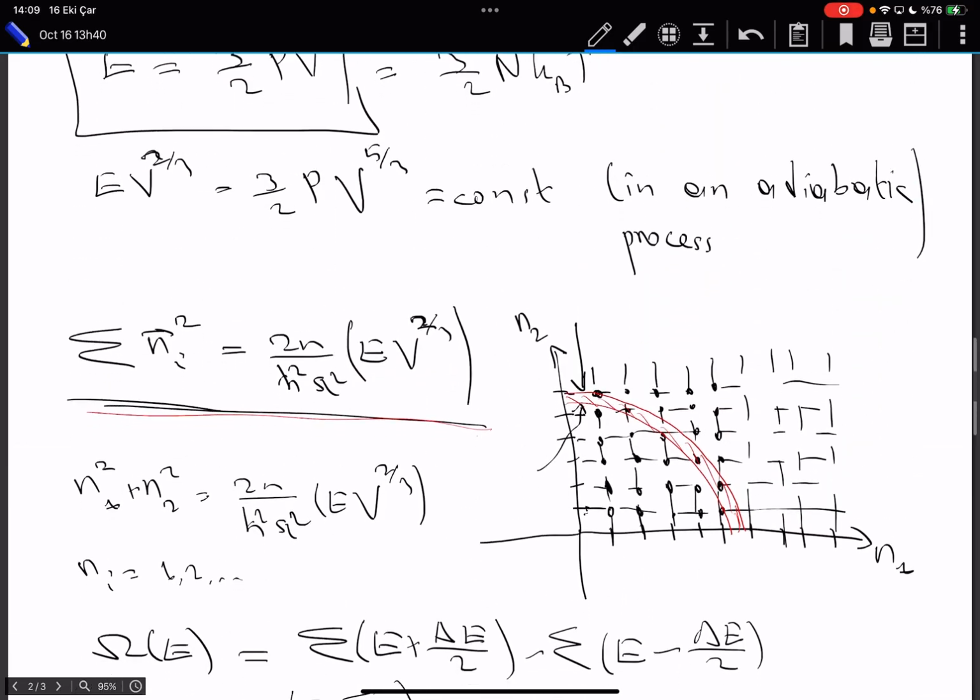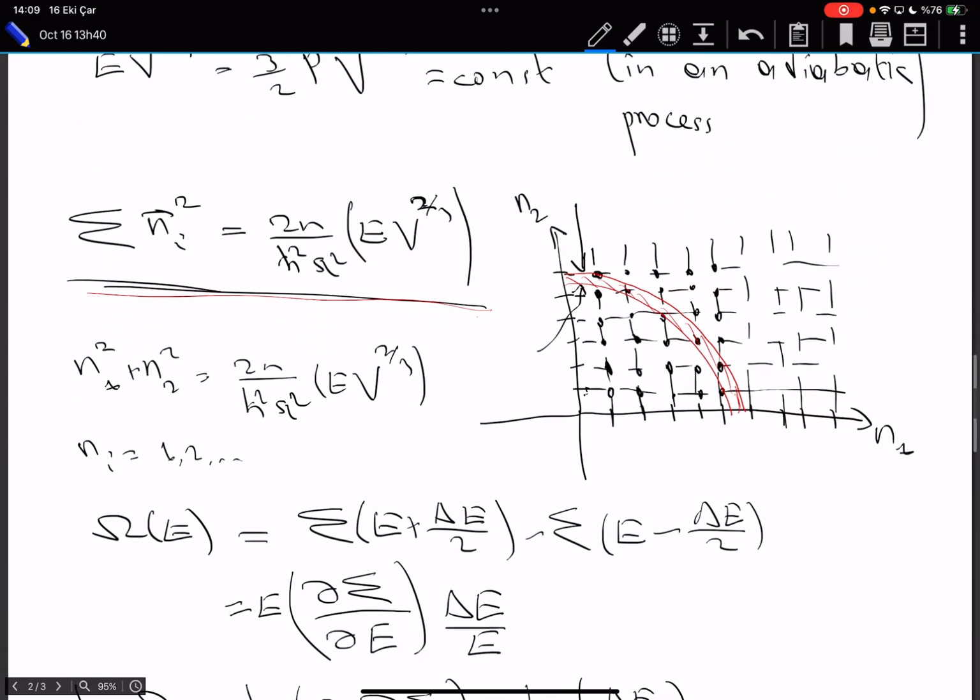Now, to see how we can do that, let's go back to this two-dimensional, greatly simplified example. Let me imagine squares of side length 1, such that each one will contain at most 1 point.